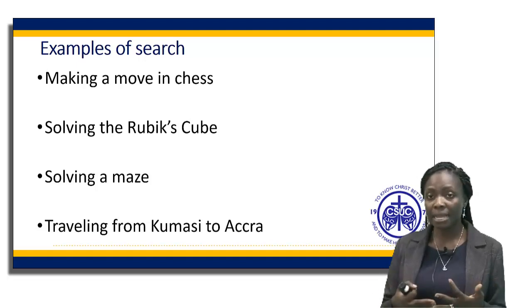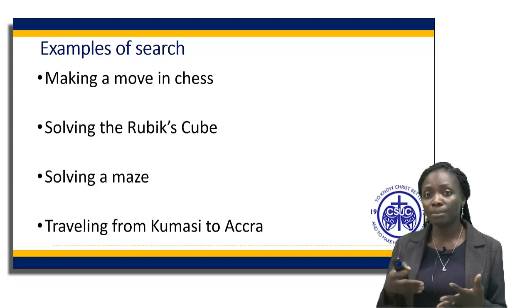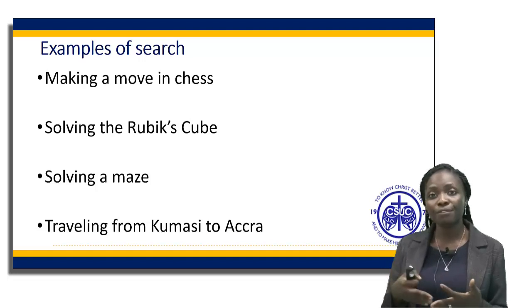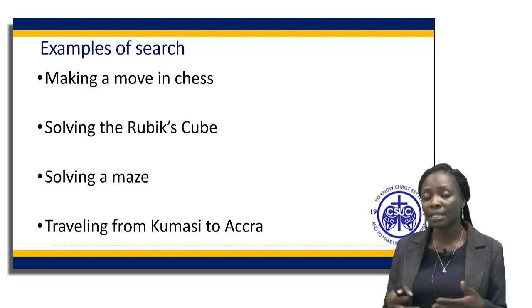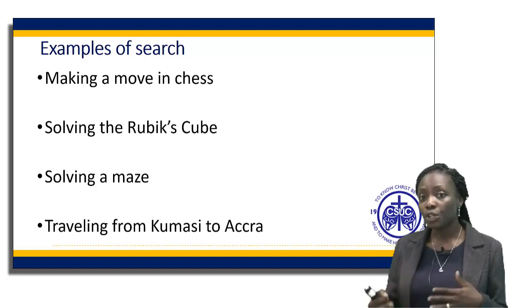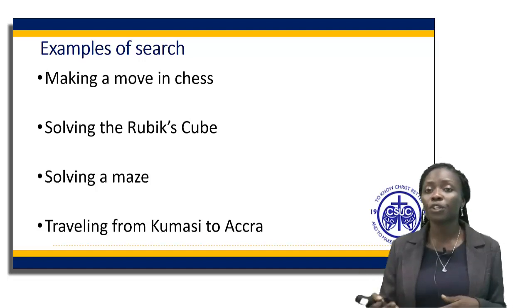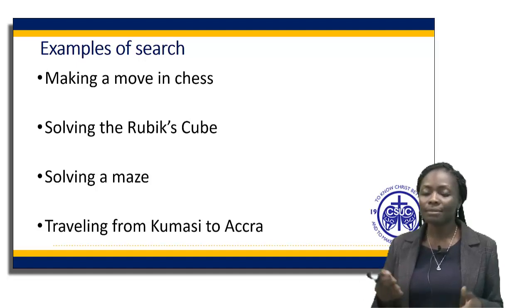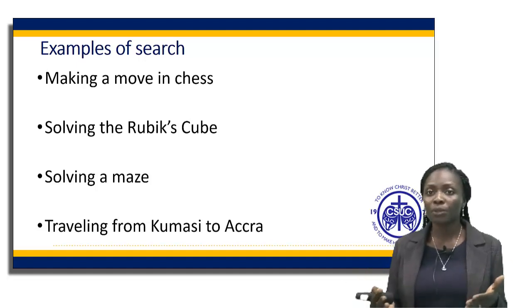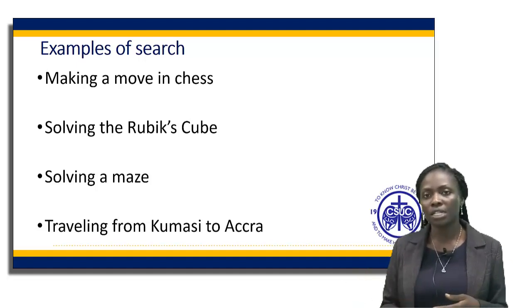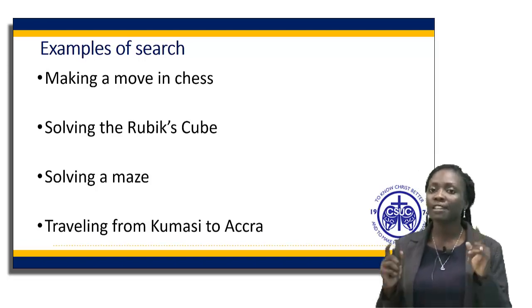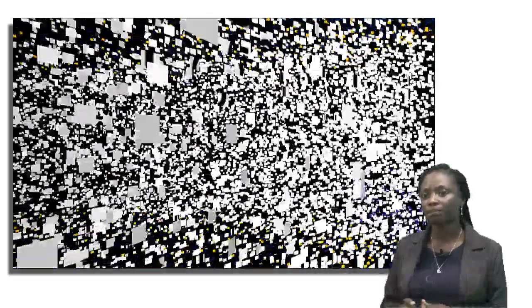Rather, by looking at my resources, my time available, my need for comfort, and some other factors that may be important to me, I could evaluate the various means of traveling to Accra, and then by so doing, choose one without actually taking the journey. That would have been an example of an intelligent search.